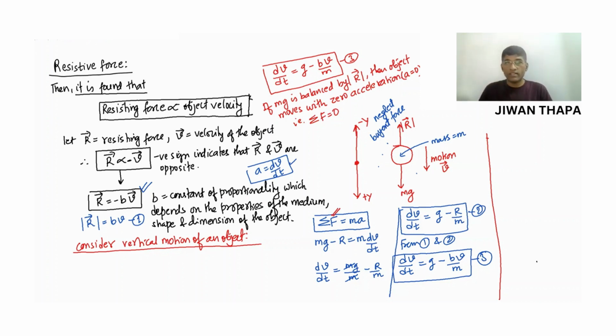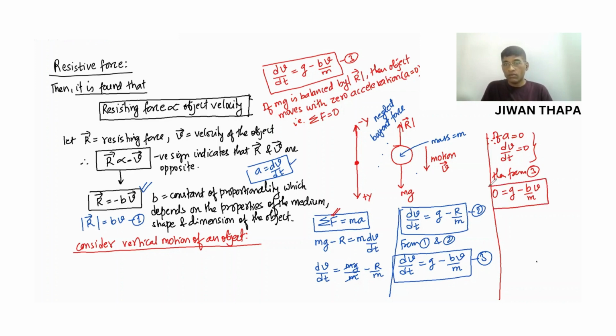Therefore, if a is 0, so the rate of change of velocity is 0, then from 3 we get 0 equals g minus B by m times V.